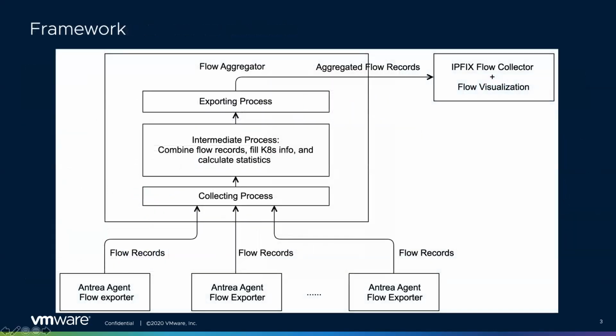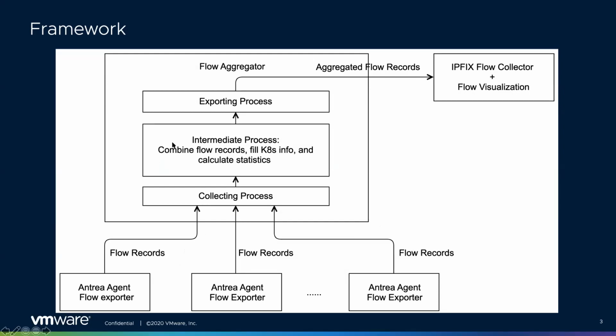This is a brief framework of our Flow Aggregator design. For example, there are three or more Antrea agent flow exporters, which export the flow records to the Flow Aggregator. The first part of the Flow Aggregator is called the collecting process, which is used to collect the flow records coming from the flow exporters.